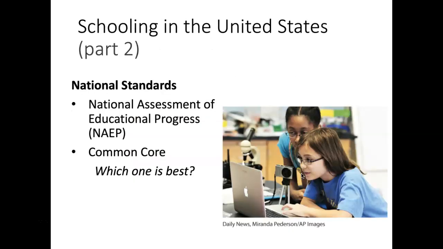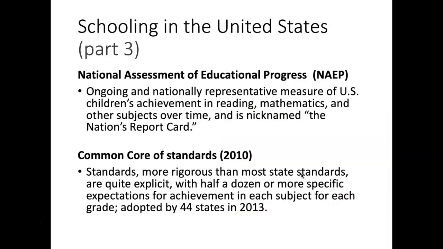There are 2 national standards that we look at when we think about schooling in the United States: the National Assessment of Educational Progress and Common Core. And there's a lot of debate about which one is best for students. The National Assessment of Educational Progress is an ongoing and nationally representative measure of U.S. children's achievement in reading, mathematics, and other subjects over time, and is nicknamed the nation's report card.